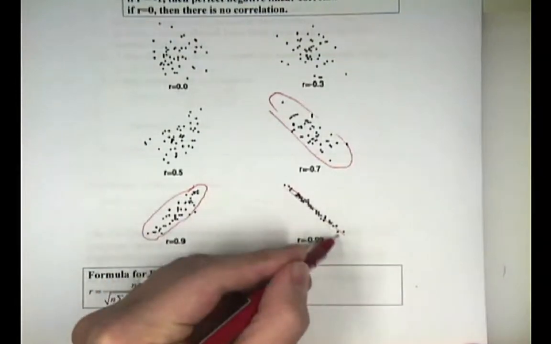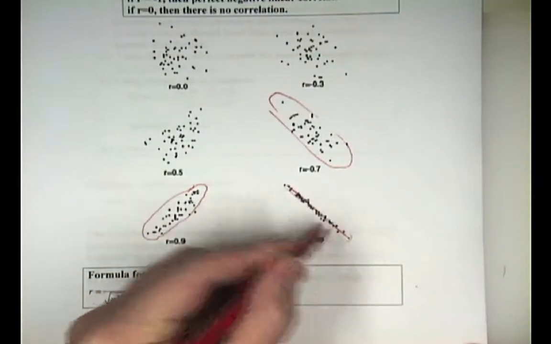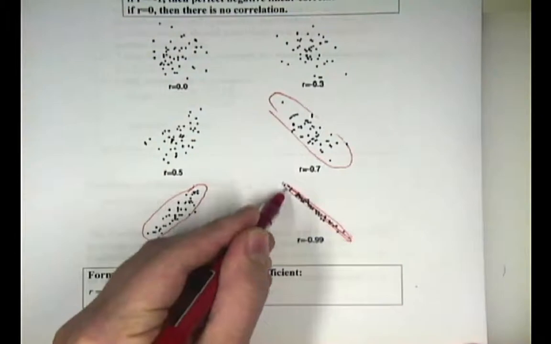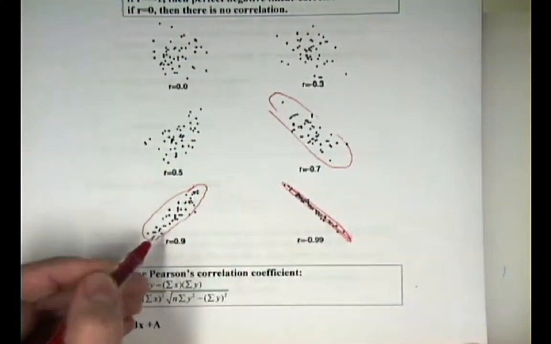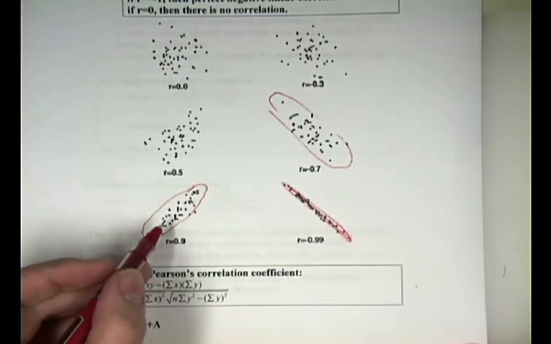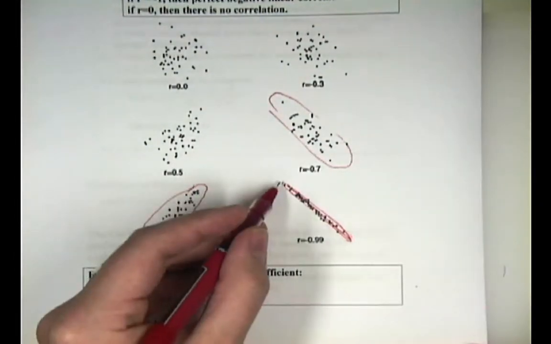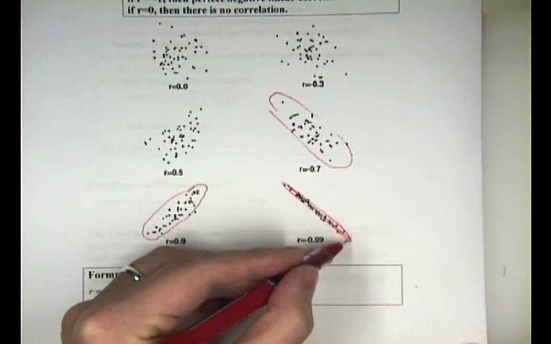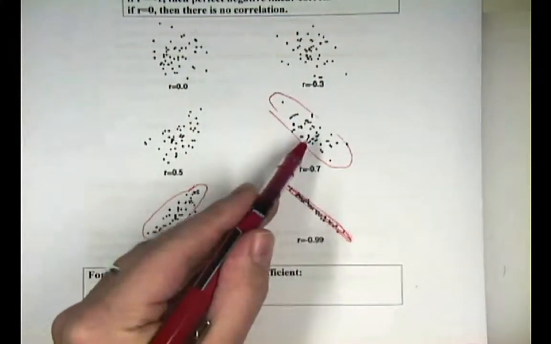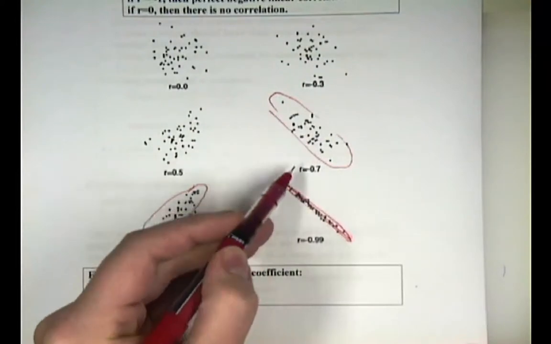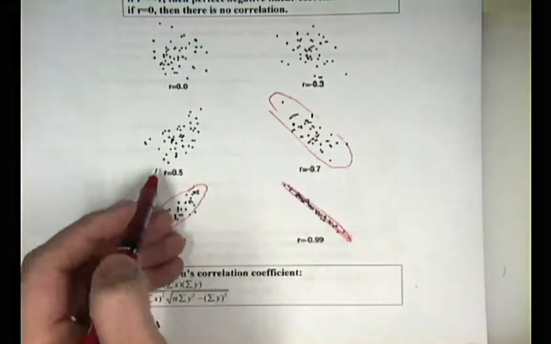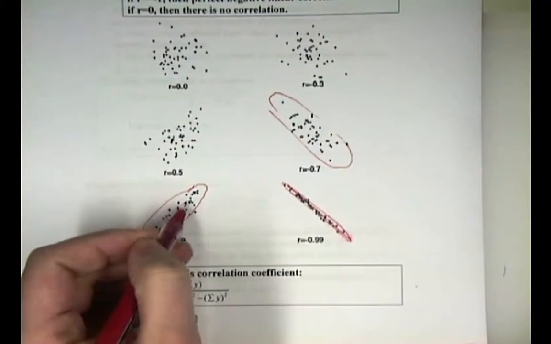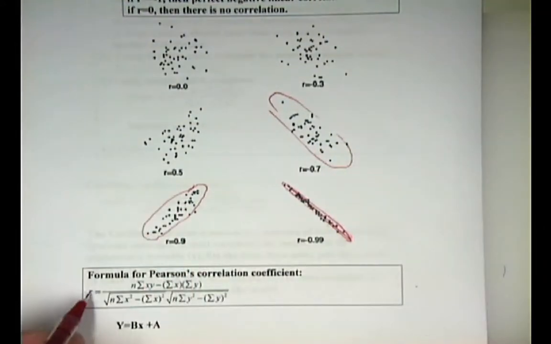You could definitely draw a straight line through these dots, and you can definitely see that they are going in a linear direction. Now, negative correlation is not bad. Remember what negative slope means. Negative correlation simply means as x increases, y decreases. Positive correlation means as x increases, so does y.